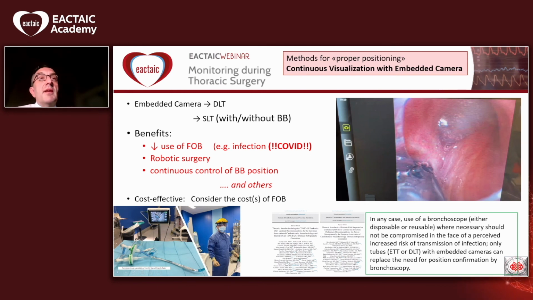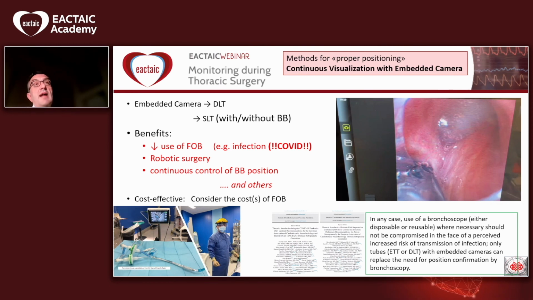The Thoracic Subcommittee has published two papers about airway management and thoracic anesthesia procedure in COVID patients. And in these cases, I don't want you to misunderstand me.